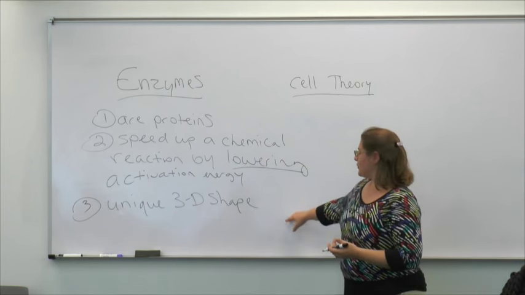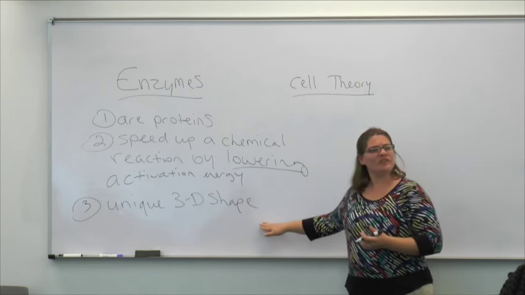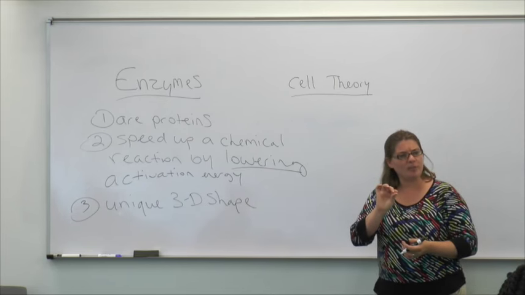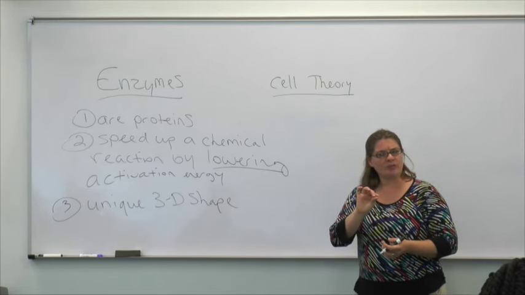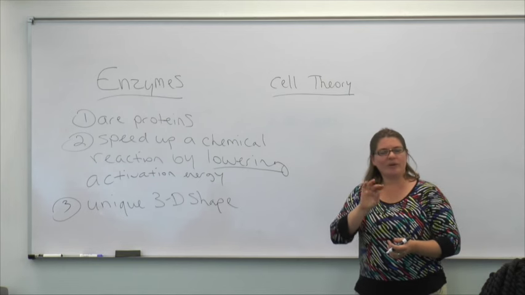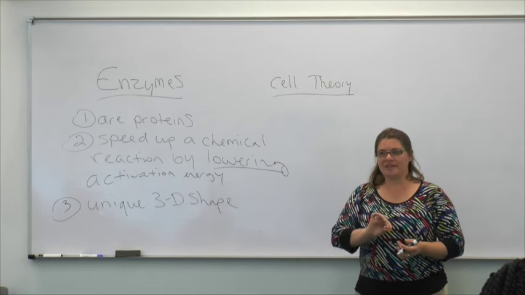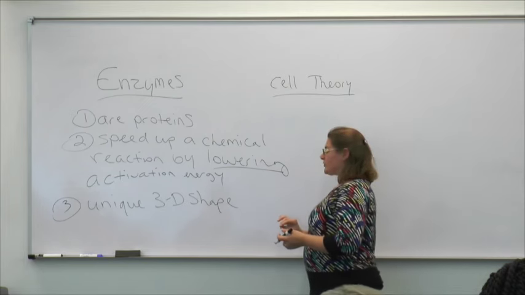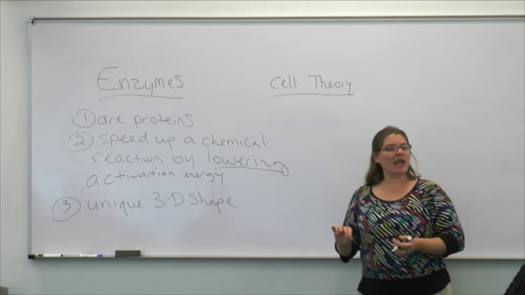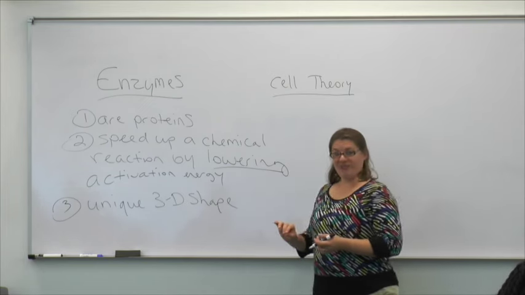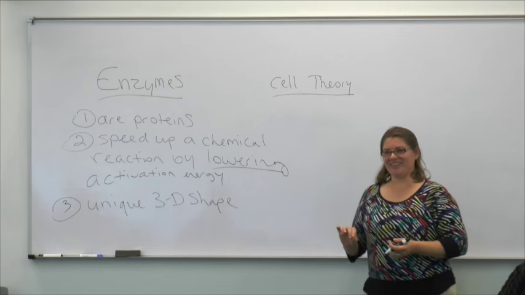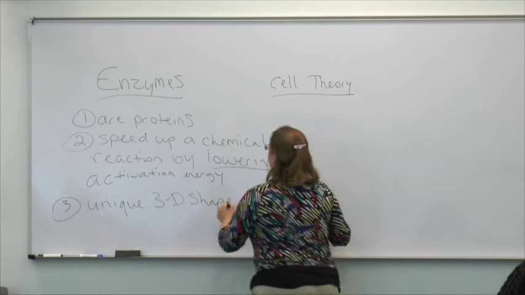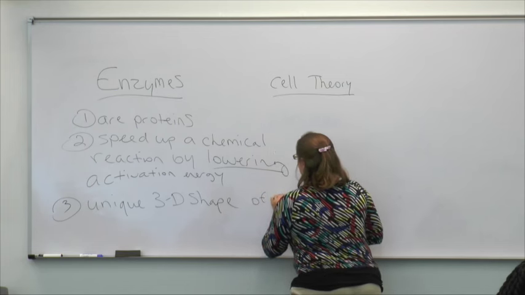Okay? So the unique 3D shape, specifically of what part of the enzyme? There's a specific part of that enzyme that has a really important shape. What's that called? You guys remember? It's the site where a substrate will bond with the enzyme. Remember what it's called? Unique 3D shape of the one site, right? The active site. Okay, the active site. Unique 3D shape of active site.